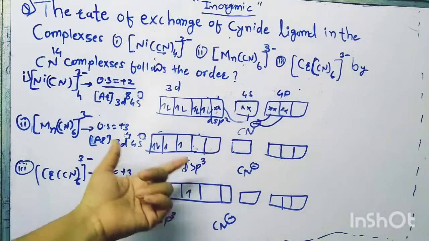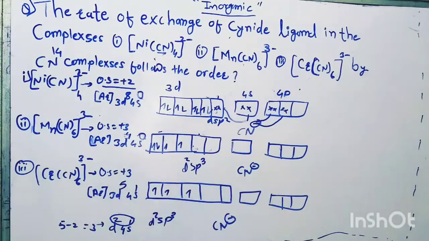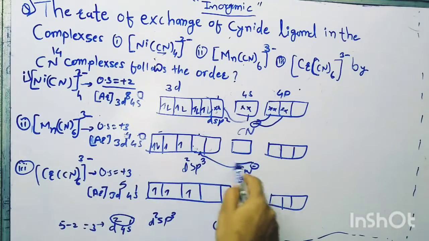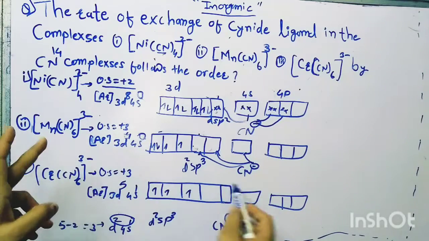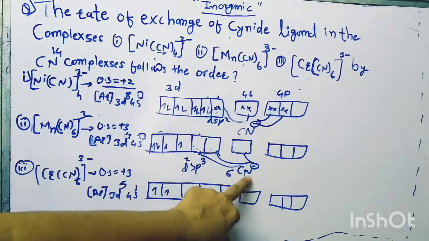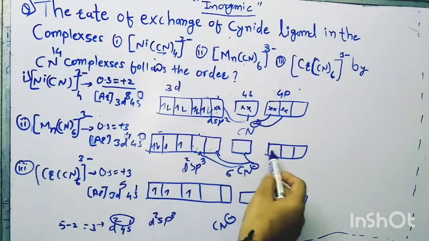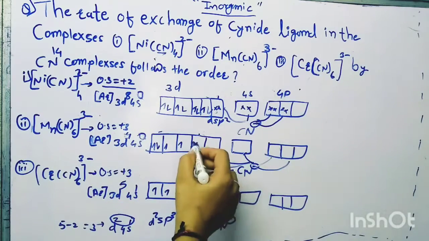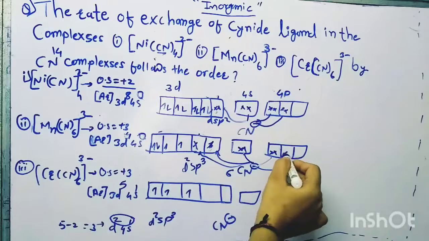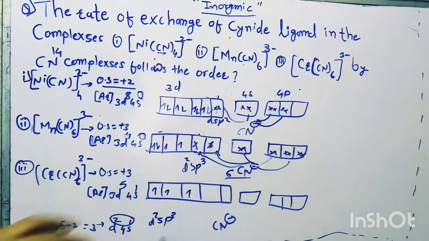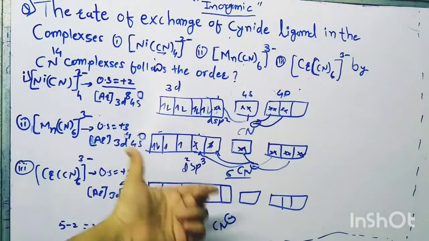Now excitation of the electron takes place. Then the cyanide ligands try to pair in such orbitals of the 3d; these are the 6 ligands of cyanide, so they will pair in 1, 2, 3, 4, 5, 6. This means the geometry comes to be d2sp3 hybridization. Okay, so this is for the manganese complex.